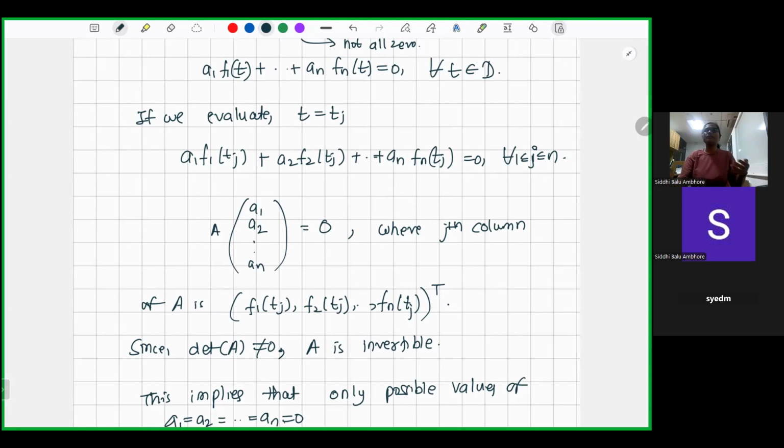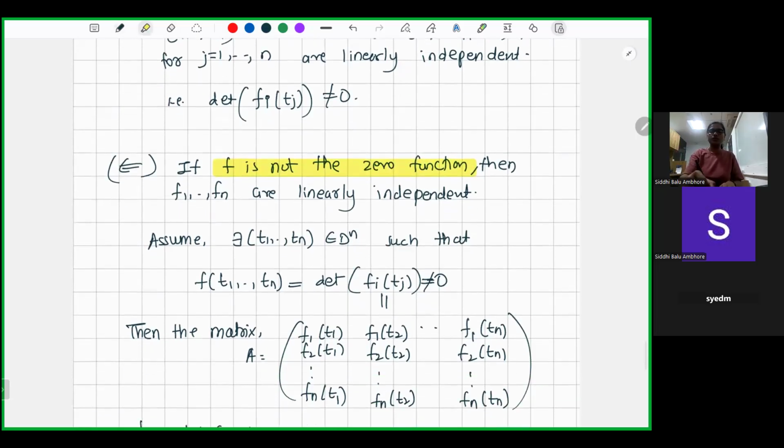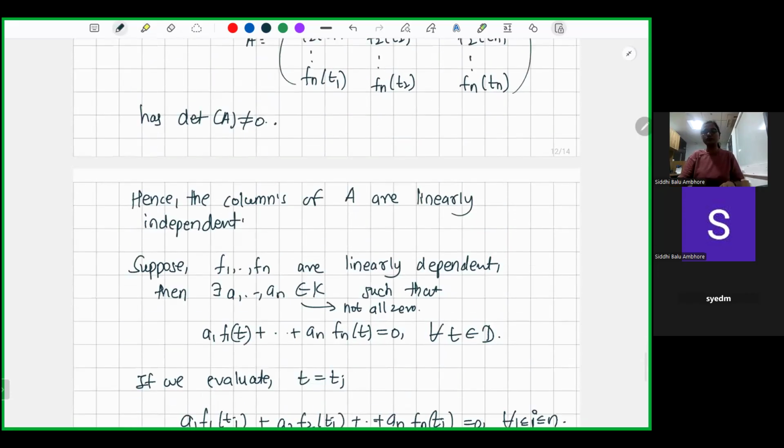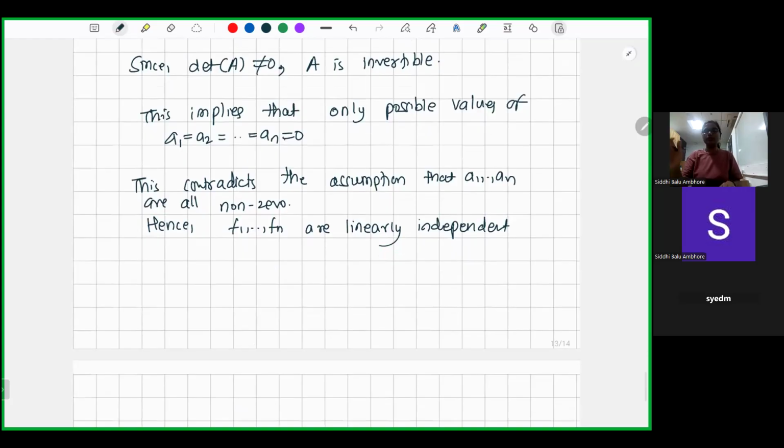That would give me that the determinant of A is zero. But that's not the condition. This f given is a non-zero function and hence the determinant of A has to be non-zero for some T1 to Tn. And yes, so that's how we got the contradiction.